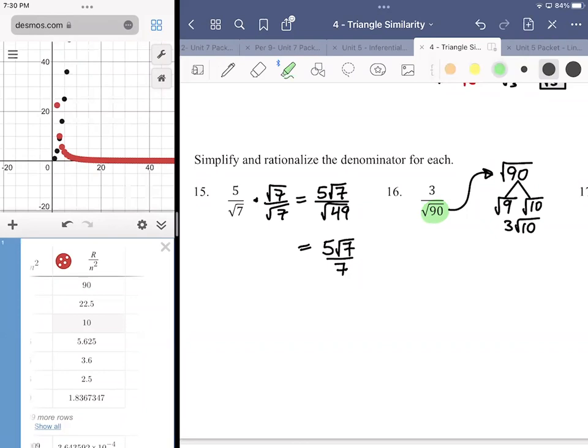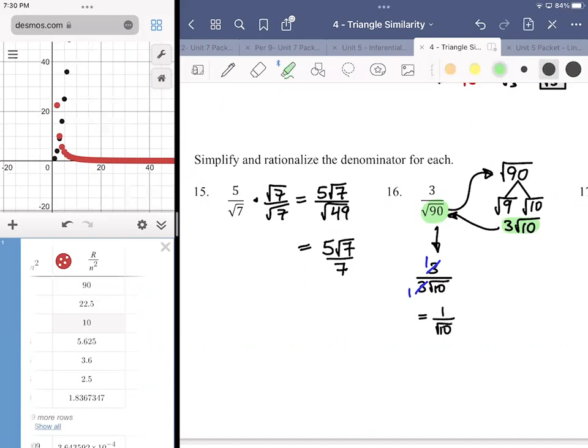So that tells me that I can replace the rad 90 with a 3 rad 10. Right? So 3 over 3 rad 10 simplifies nicely. I mean, as nicely as you can expect, because you can divide top and bottom by 3 and get 1, 1, leaving you with 1 over the square root of 10.